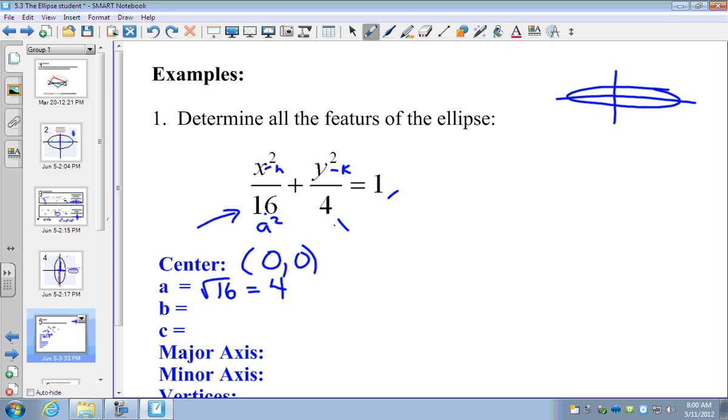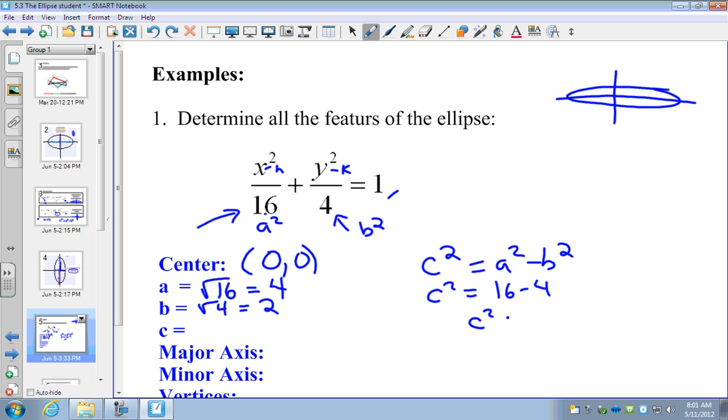This is b squared, so b must be 2. To find c, we use the relationship c squared is equal to a squared minus b squared. c squared is equal to 16 minus 4, so c squared is 12, and c is the square root of 12, which is 2 root 3. So that's our c.